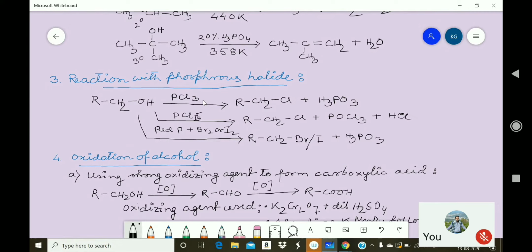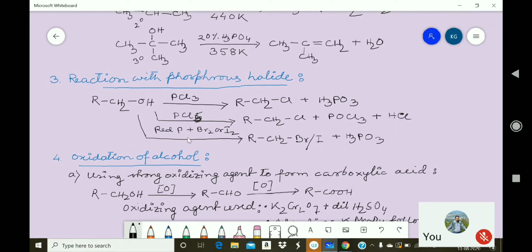See here, when phosphorus trichloride is used, the byproduct is phosphorus acid, and when phosphorus pentachloride is used, the byproducts are different. Phosphorus oxychloride and HCl are formed.